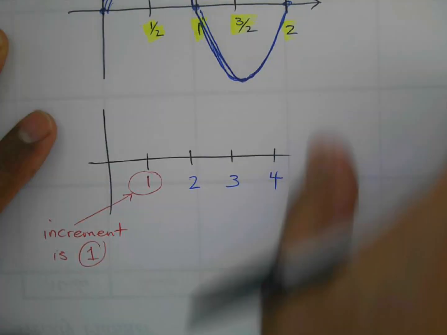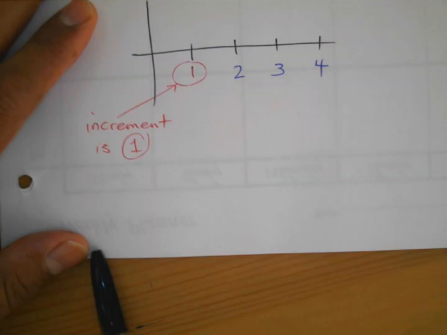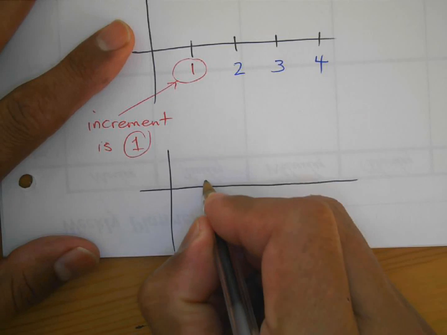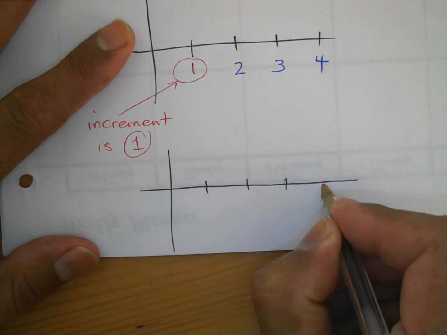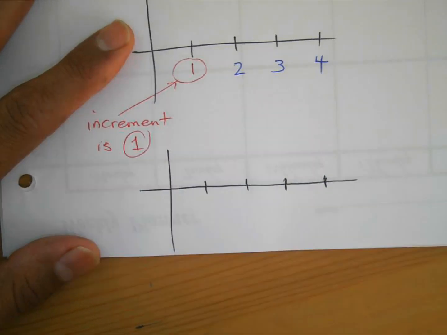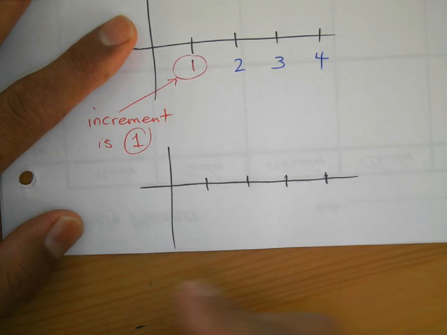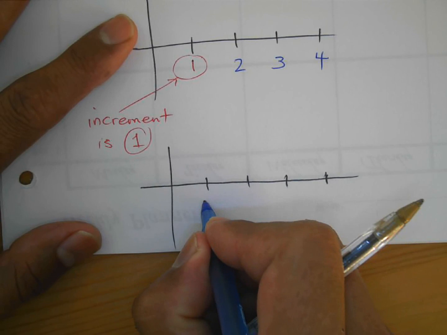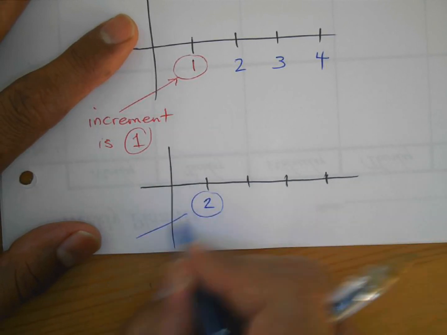Now, what if I'm counting by increments of 2? Again, we're gonna have these 4 equal hash marks, these 4 equal increments. And what if the first one is 2? What if the increment is 2?